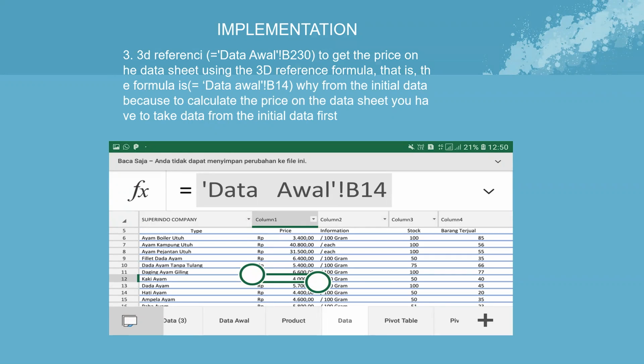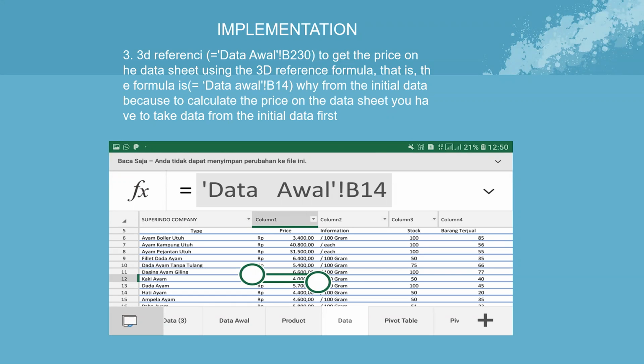On the next slide, there is implementation 3, 3D reference. To get the price on the data sheet, we use the 3D reference formula, that is, initial data B14.